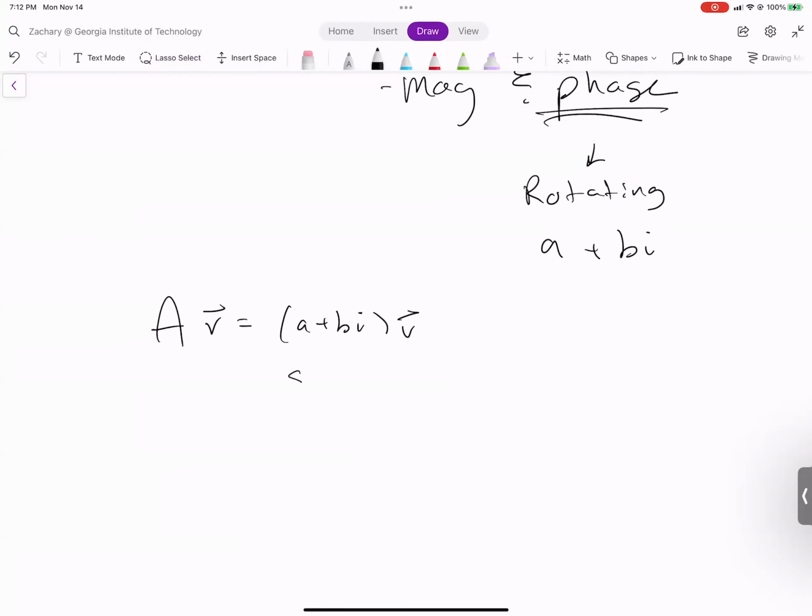What this is doing is scaling by the magnitude of a plus bi, which is the square root of a squared plus b squared, and rotating by the arctangent of b over a. So this boils down to saying that any complex eigenvalue is scaling and rotating, okay?